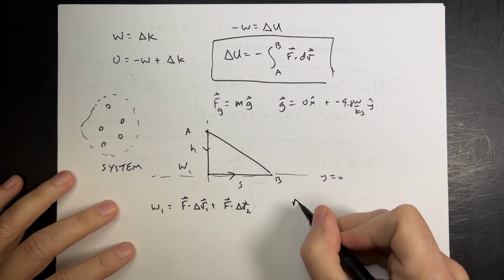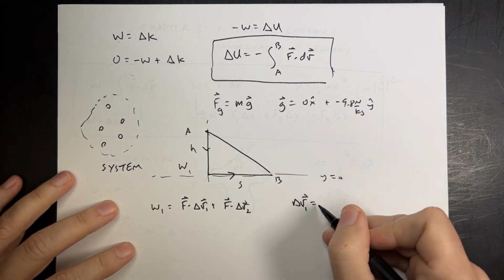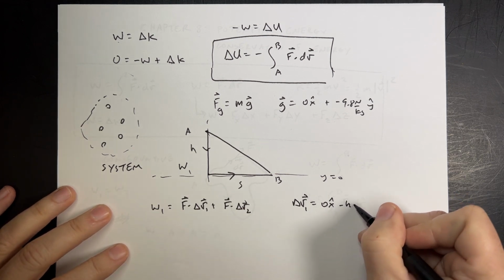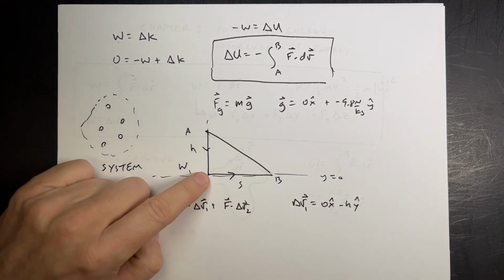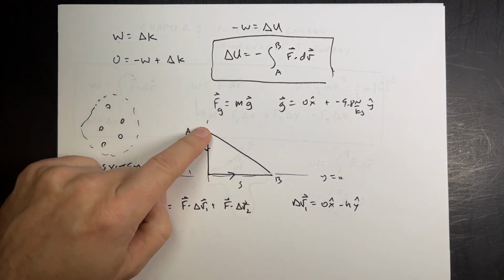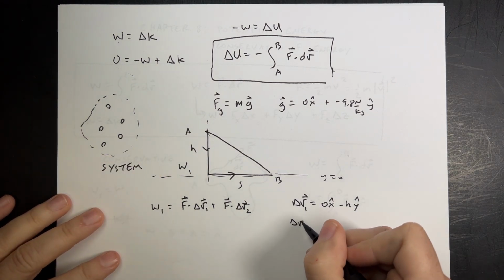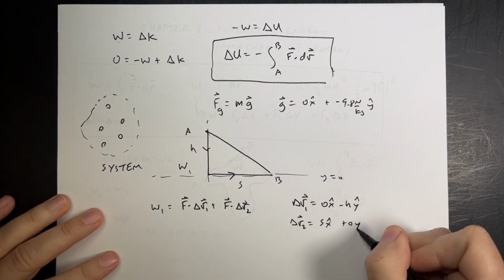So delta R1 is going to be this vector going from here to there. We can do that by inspection. It's going to be 0 x hat minus h y hat, right? Because we're going down in the negative. You could do final minus initial, the point 0, 0 minus point 0, h, and you could get that too. And then delta R2 is going to be equal to s x hat plus 0 y hat, goes in the s direction.